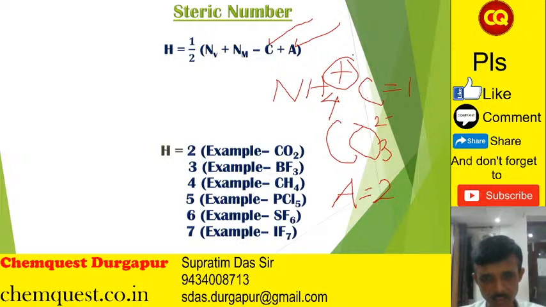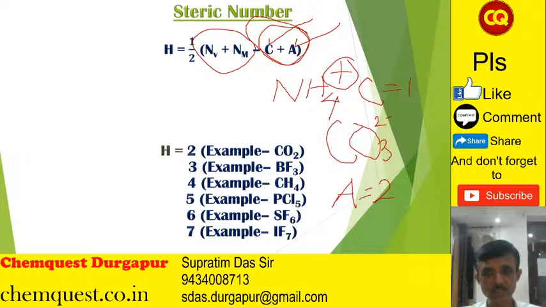You have to identify the cationic and anionic charge in case of ions. These are not included in the neutral case. NV and NM are included in neutral, and C and A are included in ions only.